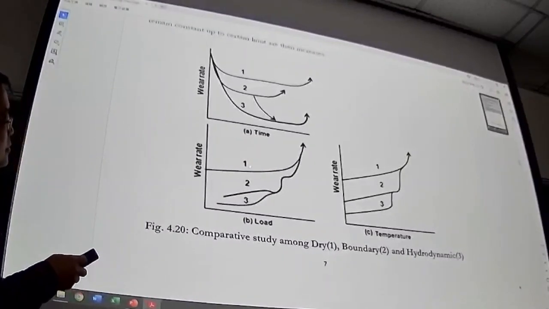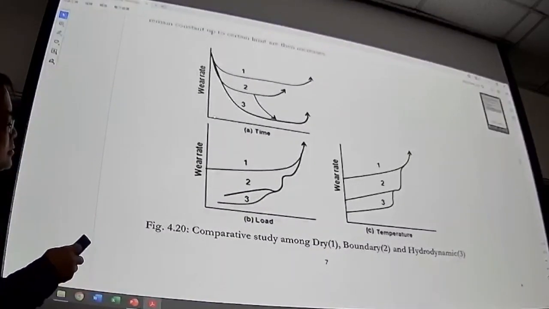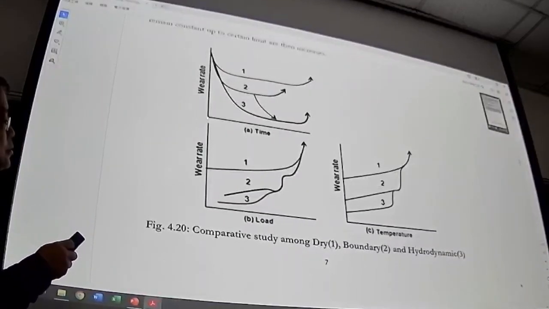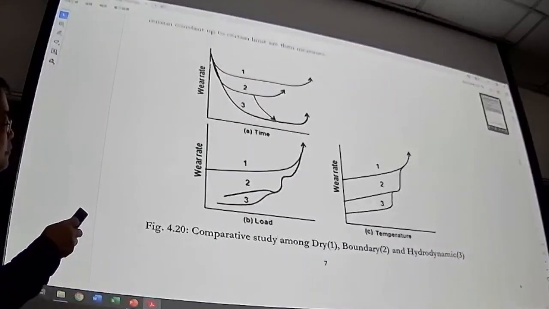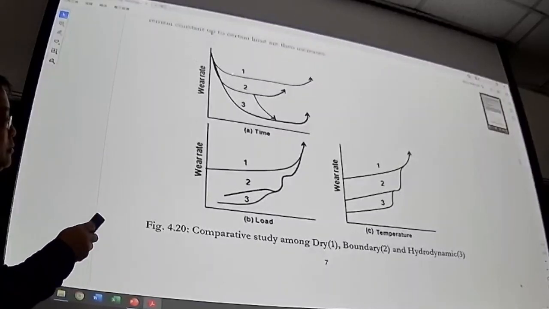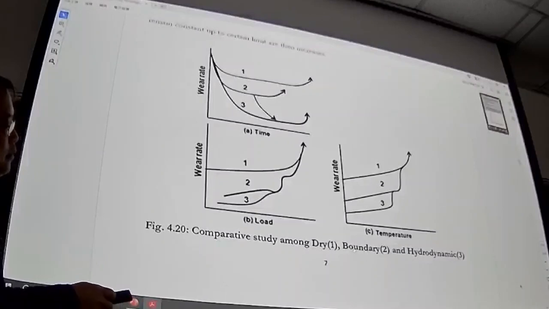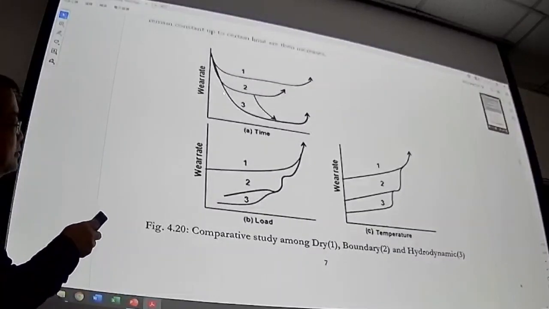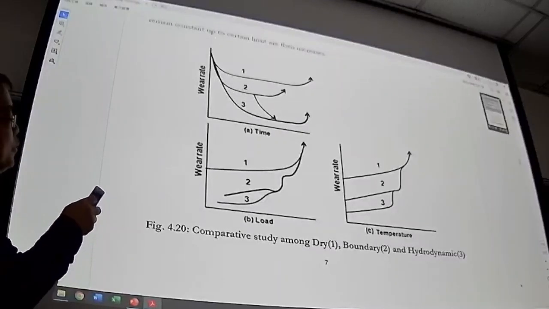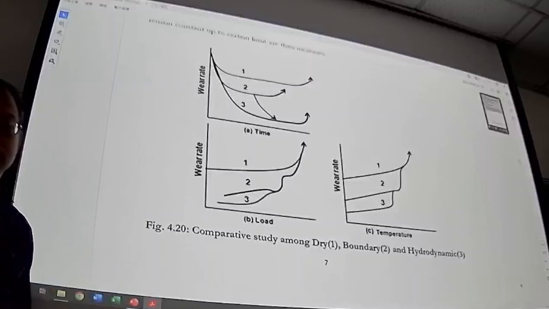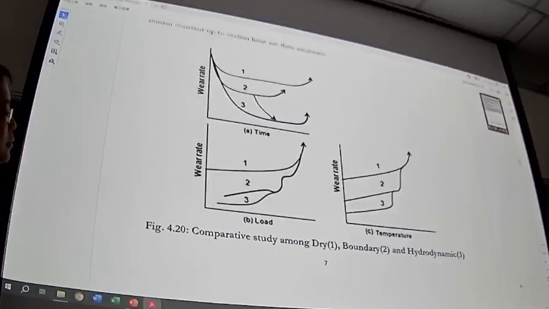The horizontal axis is time. The vertical axis is the wear rate. So in dry friction, you have a higher wear rate. If you have boundary lubrication, then you have a secondary wear rate. Both follow the bathtub curve. We mentioned before that the wear rate over time follows the bathtub curve.